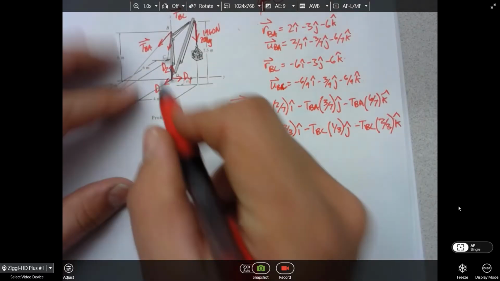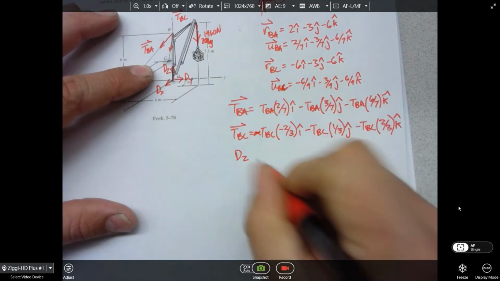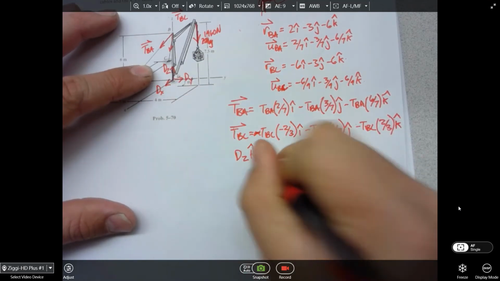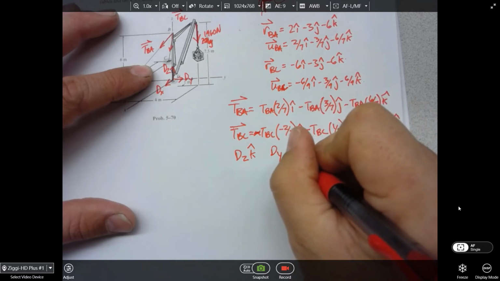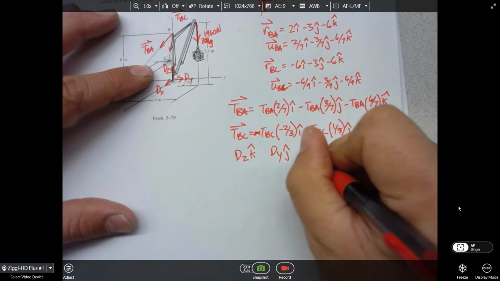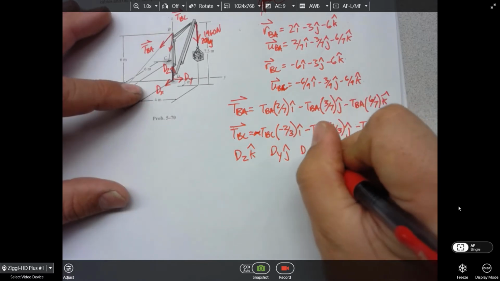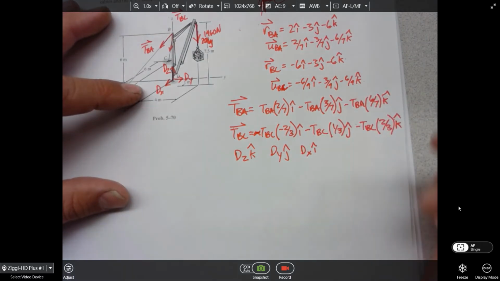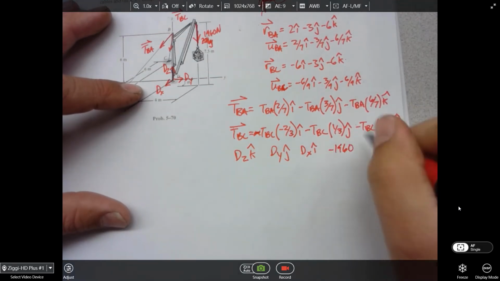And then we could see that D sub z is all in the k hat direction. D sub y is in the j hat direction. D sub x is in the I hat direction. And we have minus 1960 newtons in k hat.